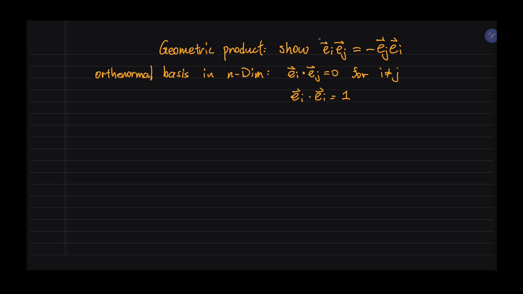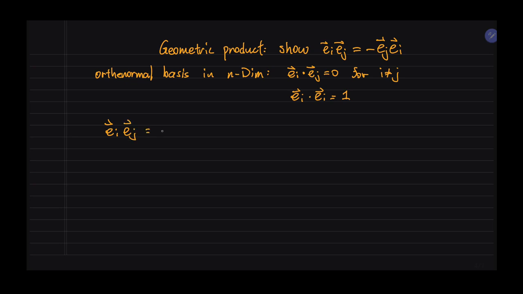And how can we prove this relation? First, we assume that we are using an orthonormal basis, which means that the dot product between different bases is 0, and the dot product with itself is 1. Then let us write the geometric product ei ej.